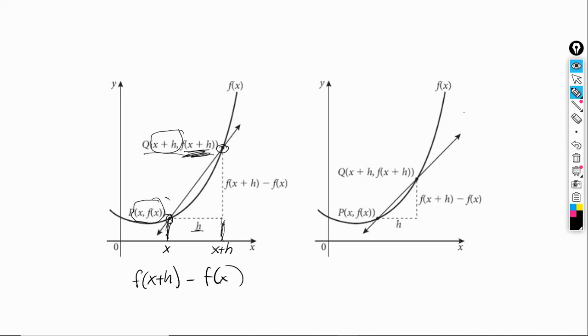This here minus this there. That divided by the distance. Normally we'd say x1 minus x2, but if we do that, we're just going to get h, which is this distance here. So notice that this is a right triangle, and when you calculate the slope of a line, you're doing the ratio of a right triangle.